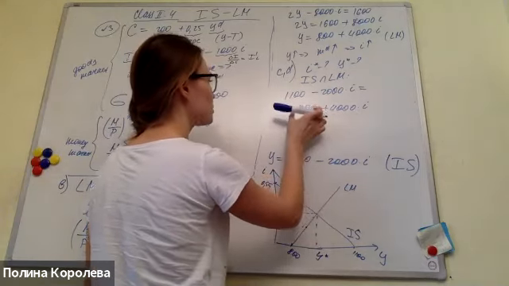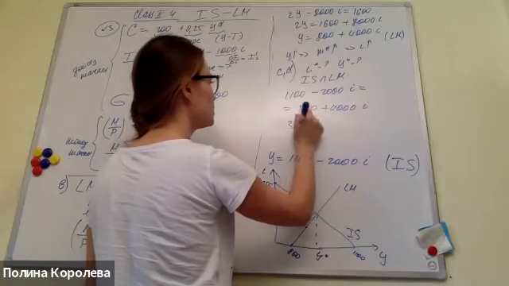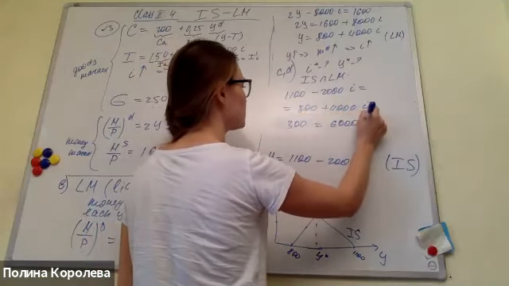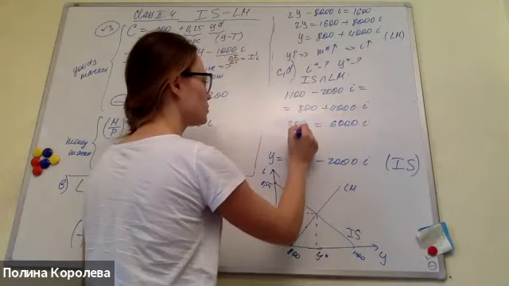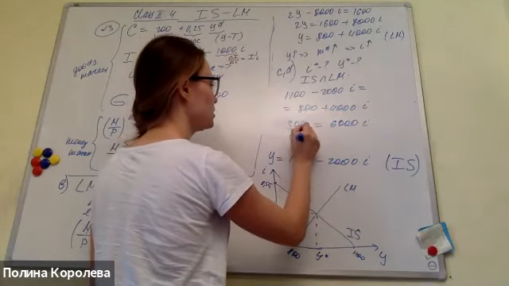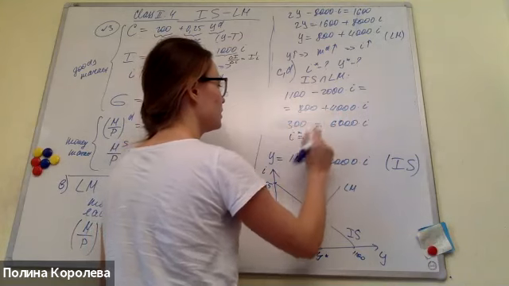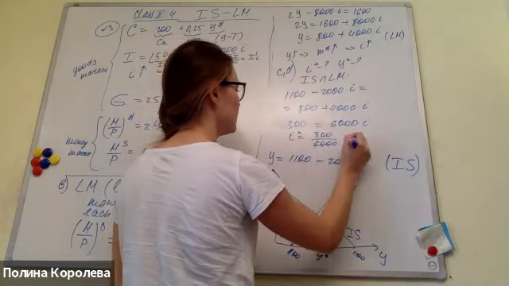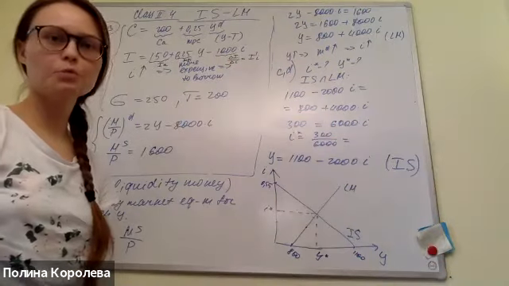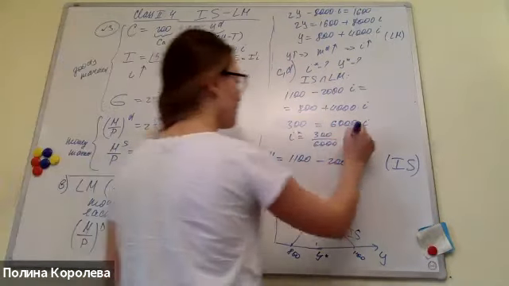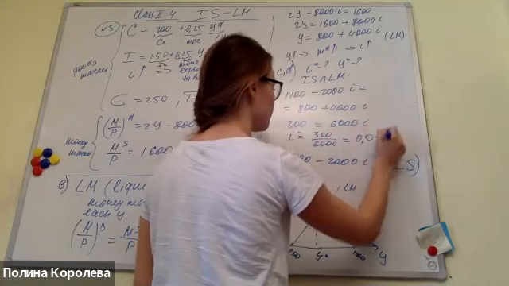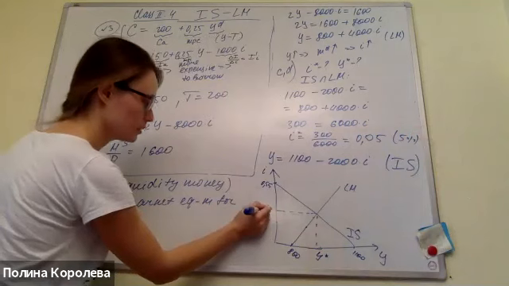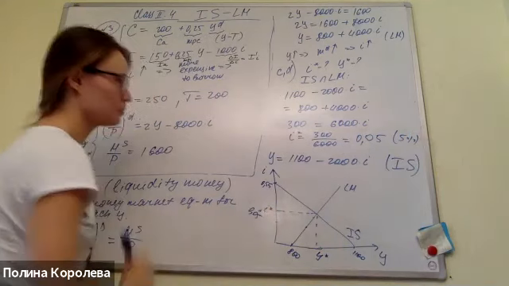So put constants to the left: 300 equals 6,000 multiplied by I. So from here, the interest rate will be equal to 300 over 6,000. And this is 0.05 or 5%. Here will be 5%.